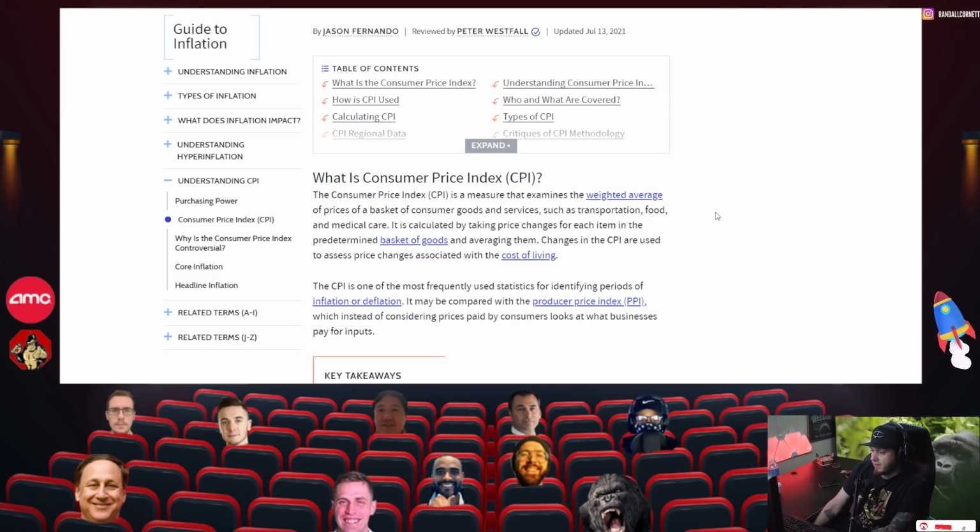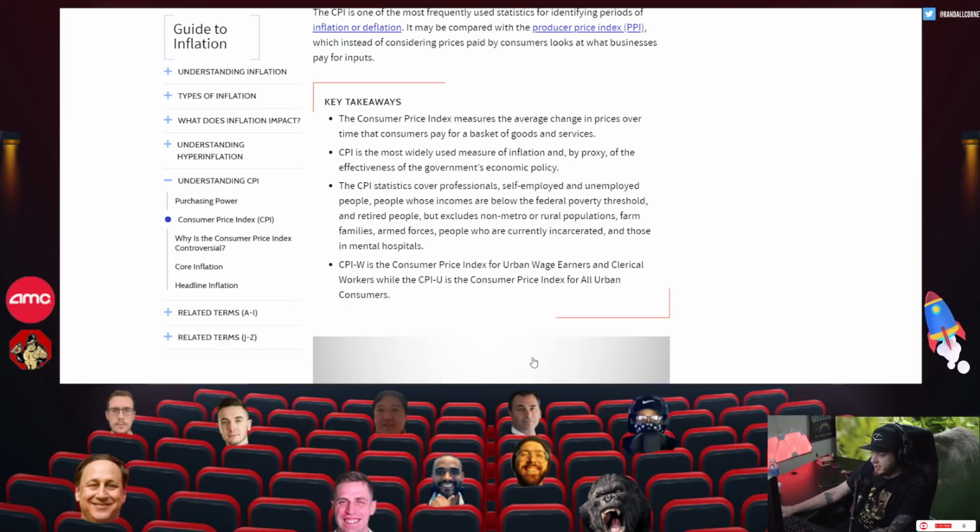The CPI is one of the most frequently used statistics for identifying periods of inflation or deflation. It may be compared with the producer price index, the PPI, which instead of considering prices paid by consumers, looks at what businesses pay for inputs. So again, the CPI is the most frequently used statistic for identifying periods of inflation or deflation.